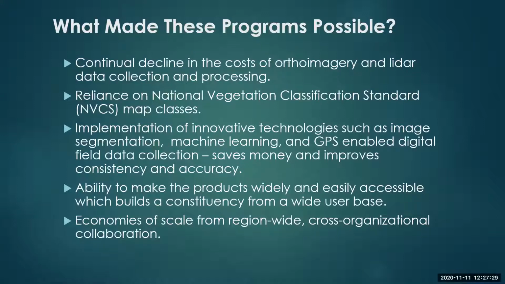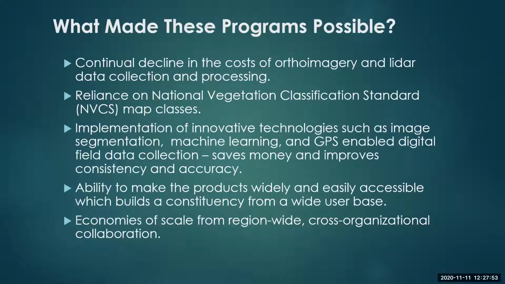And so I would really encourage, for any mapping project you're going to do, start with NVCS first, instead of trying to make your own labels. You can always add more classes if you need for your specific area, but you should start with NVCS.